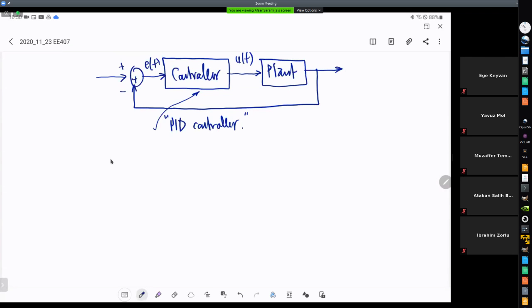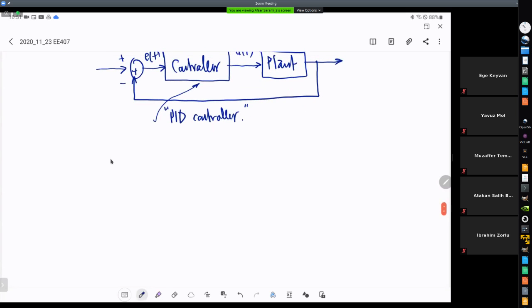So we will try to remember how we can understand what these different modes, the proportional, integral, and derivative modes, contribute to the behavior of the controller. And then later on we will derive design equations that would give us a way of calculating a suitable PID controller for a given problem.